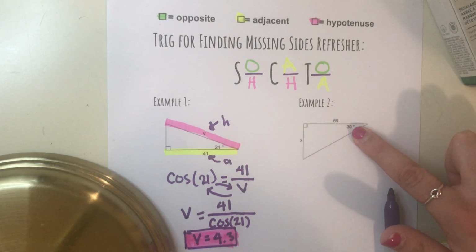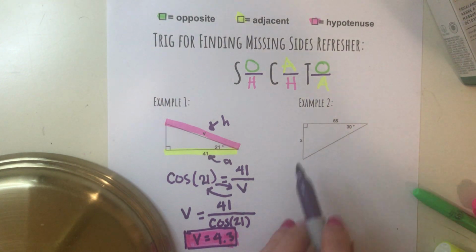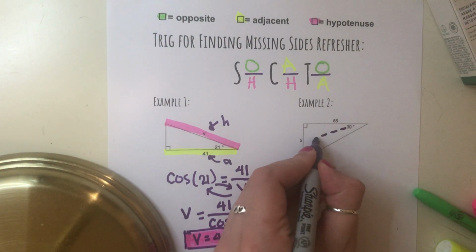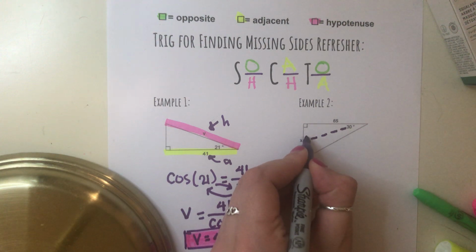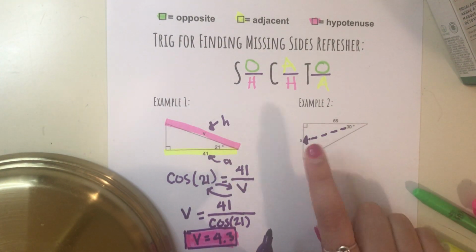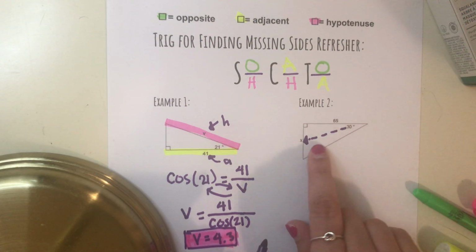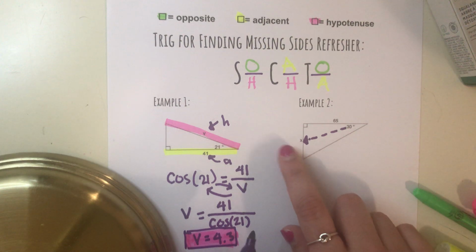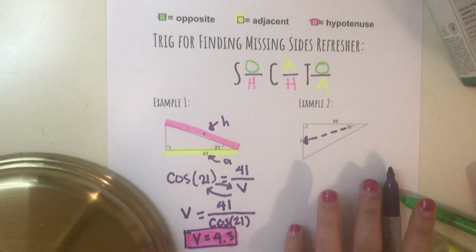That's where my angle is. And I see that the position of X forces me to travel across my triangle to reach it. When I travel across my triangle, that is called opposite, because it is the most opposite side from this angle. So X is going to be green, opposite.